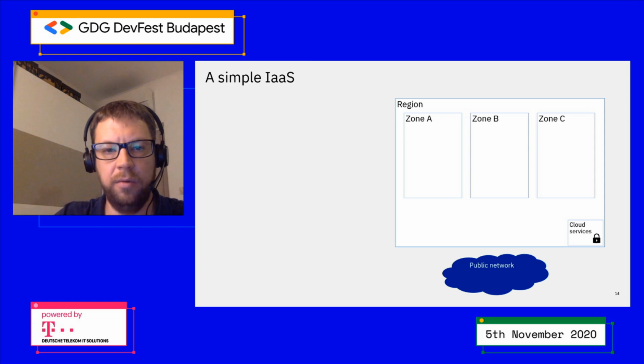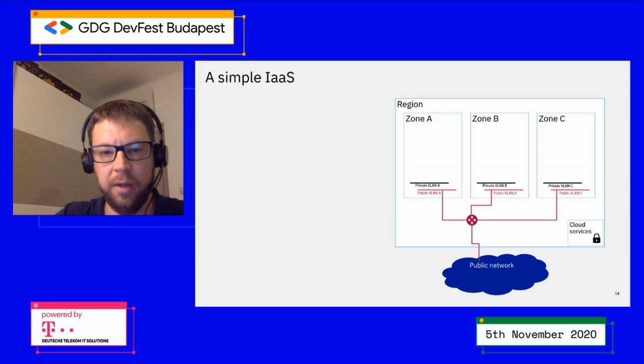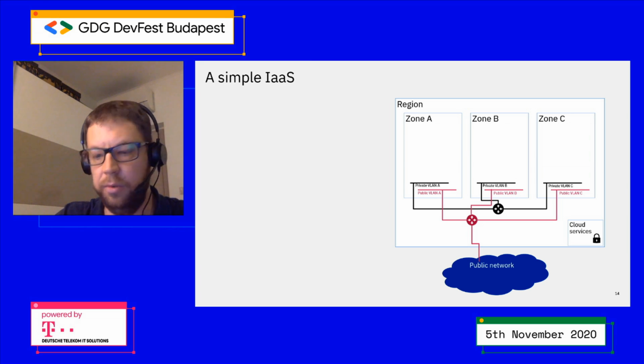So we have a region and a bunch of computing zones there, and in this IaaS you are able to purchase either private or public virtual LANs directly, which will be assigned to your customer account. Naturally, the public VLANs are exposed towards the public network, which is the internet, but the private VLANs are also connected together, so you are able to do cross-zone traffic without reaching out to the public network.